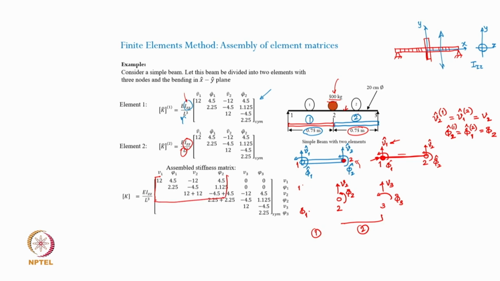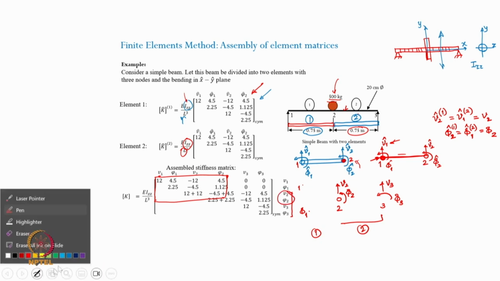So, this part corresponds to the first element and their individual elements are taken directly from the elemental stiffness matrix. And what you notice here is that V 2 phi 2 V 3 phi 3 are the global nodal coordinates for the second finite element. Of course, there is an overlap of V 2 and phi 2 for both first and the second element.